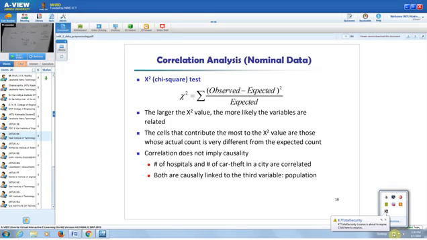Okay, are you convinced here? For the expected value, the number of males is 300 in this. The total number of fiction participants is 450. So 450 by 1500, 300 into 450 by 1500, so 90 is the expected value for the fiction novel among males.